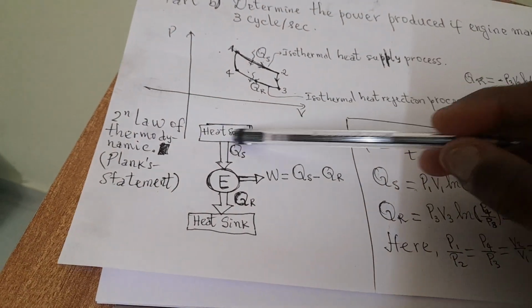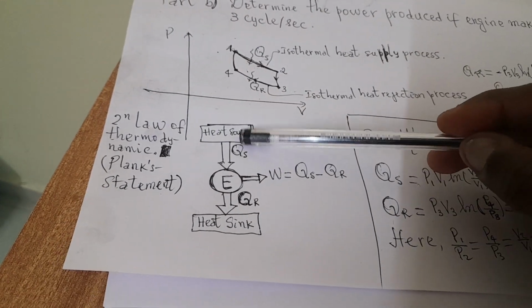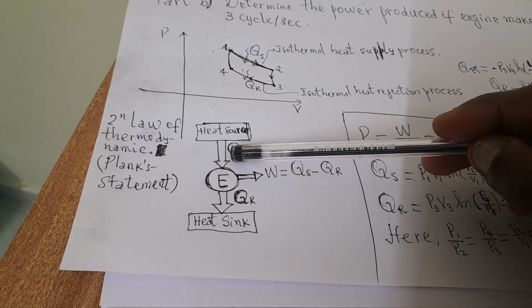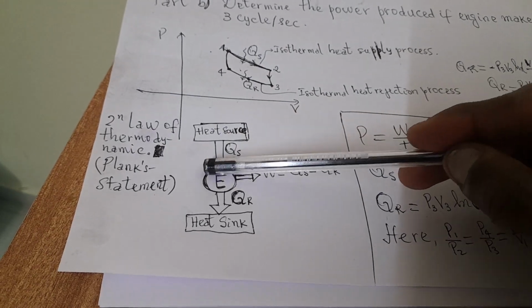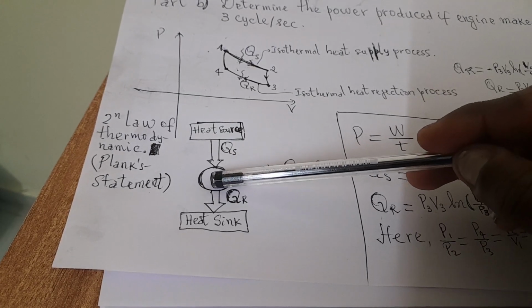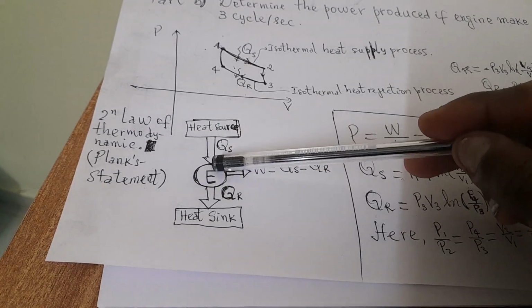So suppose here I have a heat source. The heat source will supply a certain amount of heat to an engine. This engine will work on this amount of heat; this will be our energy source.